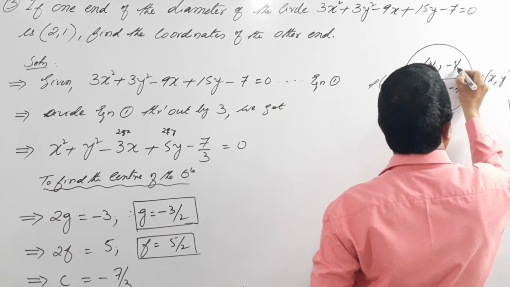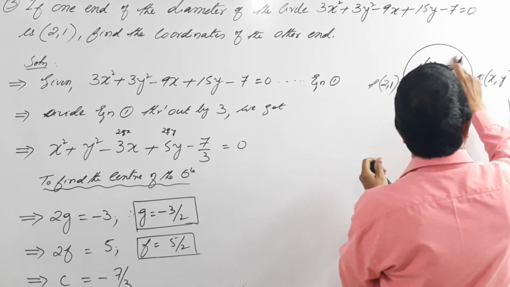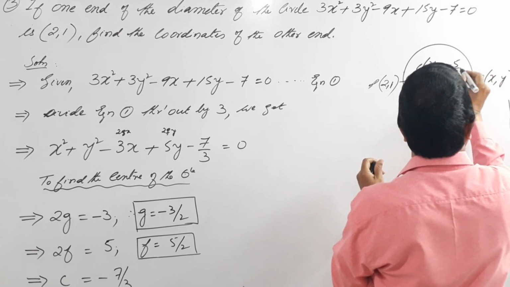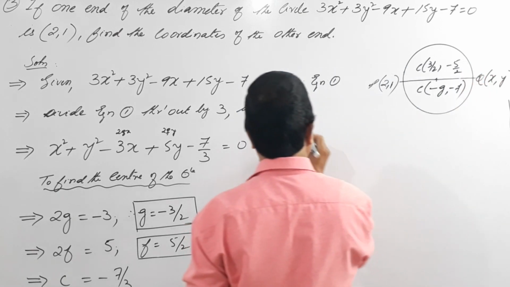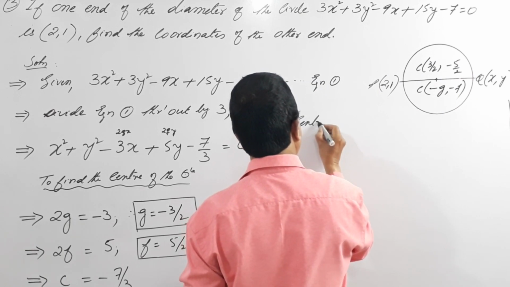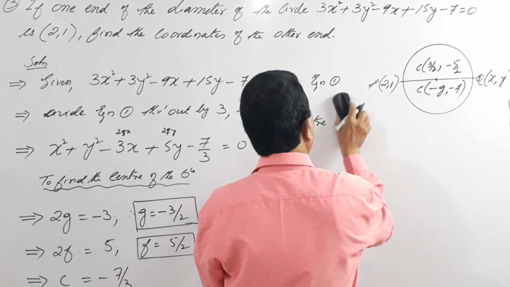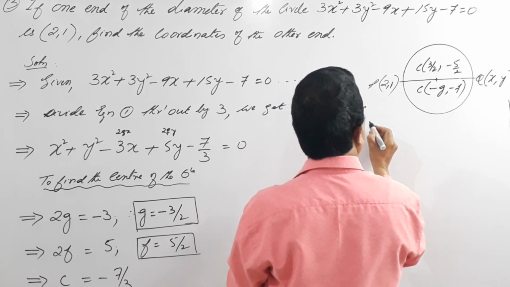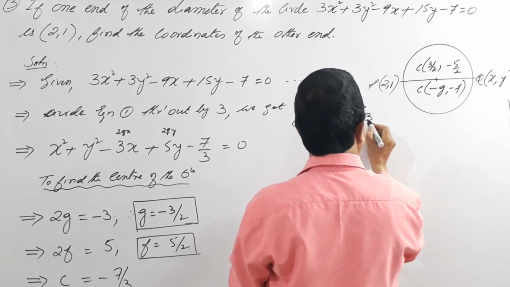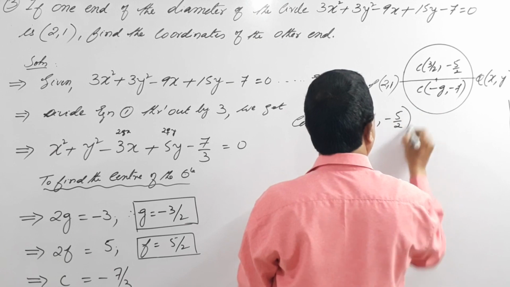So the center C will be 3 by 2 comma minus 5 by 2.